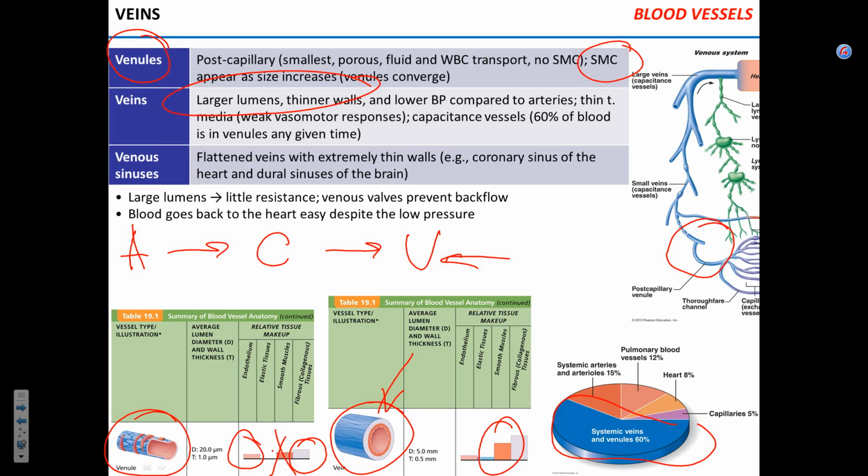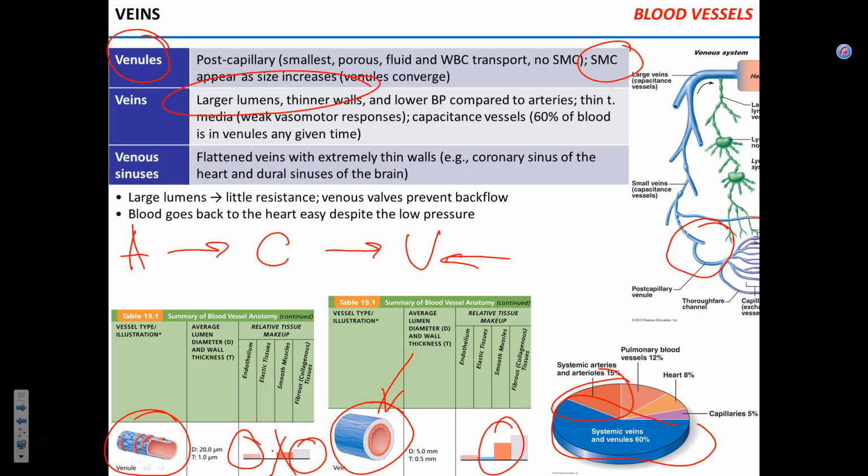Now think about this. When blood moves through the arteries, they have small lumen, okay, and blood moves very fast through them. So in any given moment, there is very little blood in the arteries. Like if you will freeze the picture, like freeze the person, freeze the body, okay, and we'll measure how much blood is in the arteries, it will be not a lot, 15%. Does that make sense?